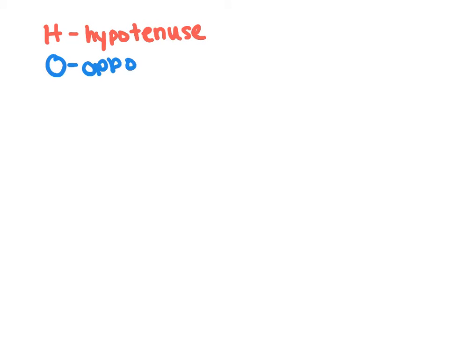With the mnemonic devices, they let H stand for the hypotenuse, O stands for the opposite, and A stands for the adjacent.